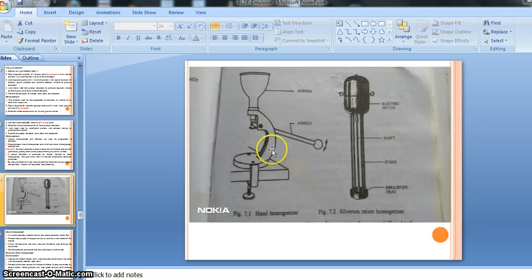After transferring the emulsion, we need to move this handle up and down, up down, up down. This is the movement process of our homogenizer, right? With the help of the hand, we do the up and down movement of this handle.